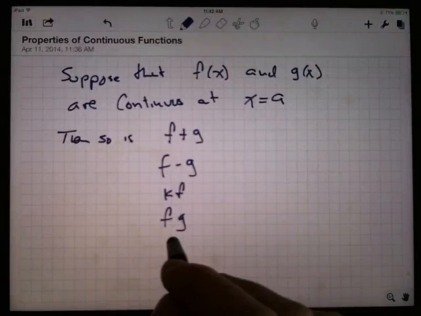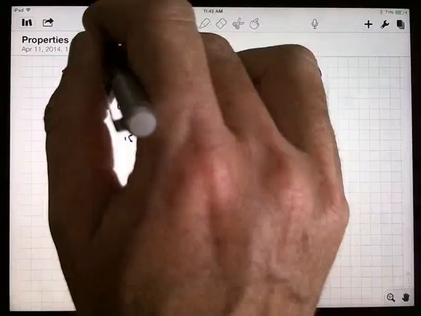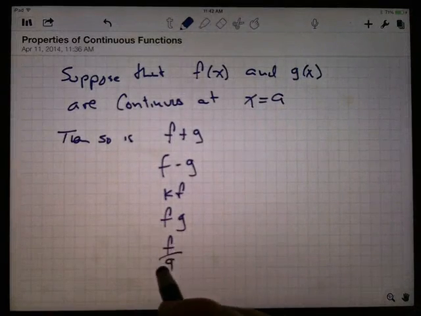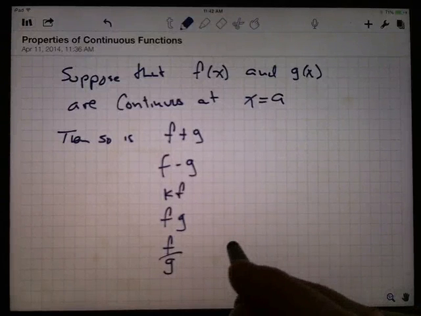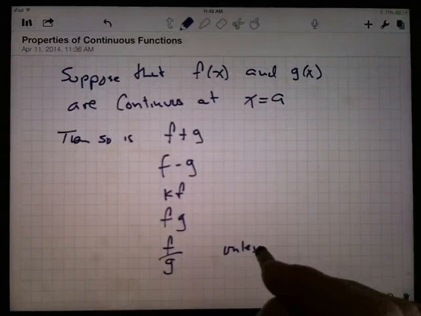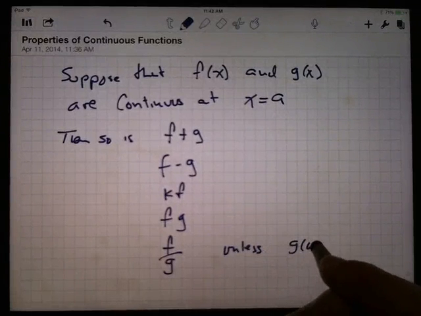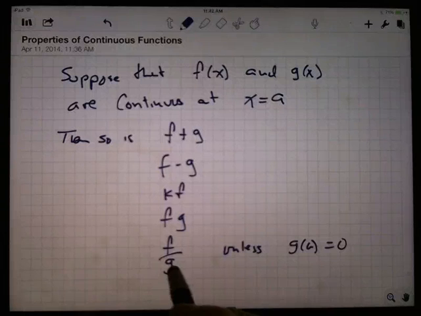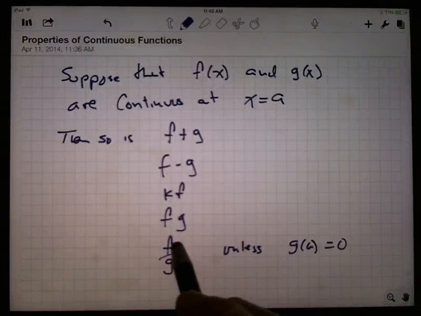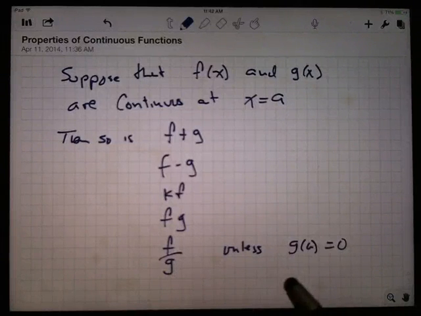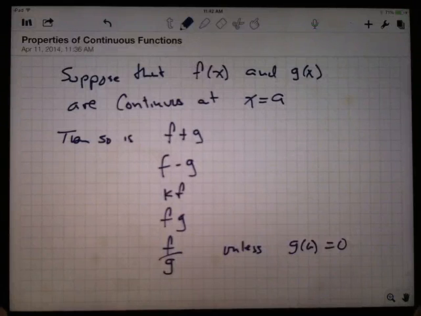If you divide the two functions, that will be continuous unless g of a is equal to 0. I mean, if you try and divide by 0, then you're going to be creating problems. But if the denominator is not 0, then you'll have continuous functions.